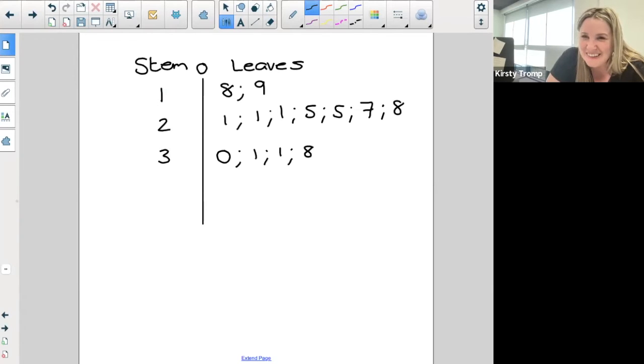And finally, we had 41, so my stem is a 4, and I've got a 1 and a 2. So there we have our stem and leaf.